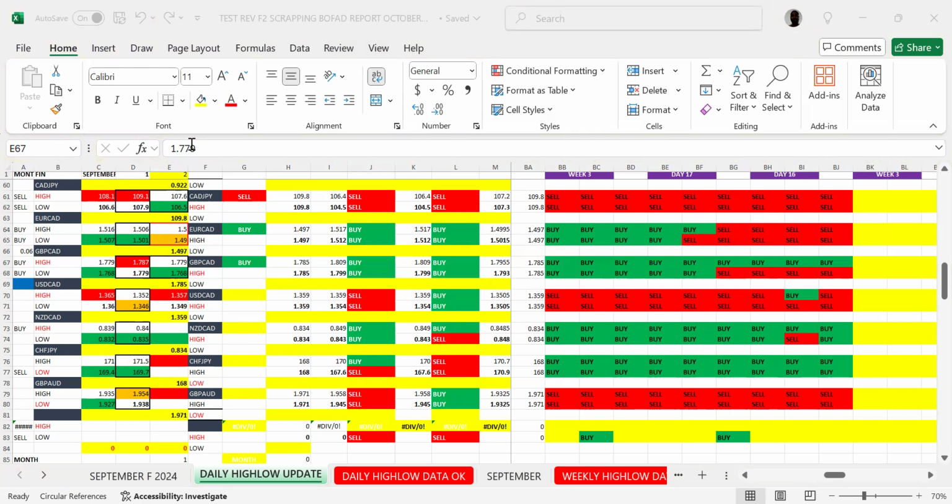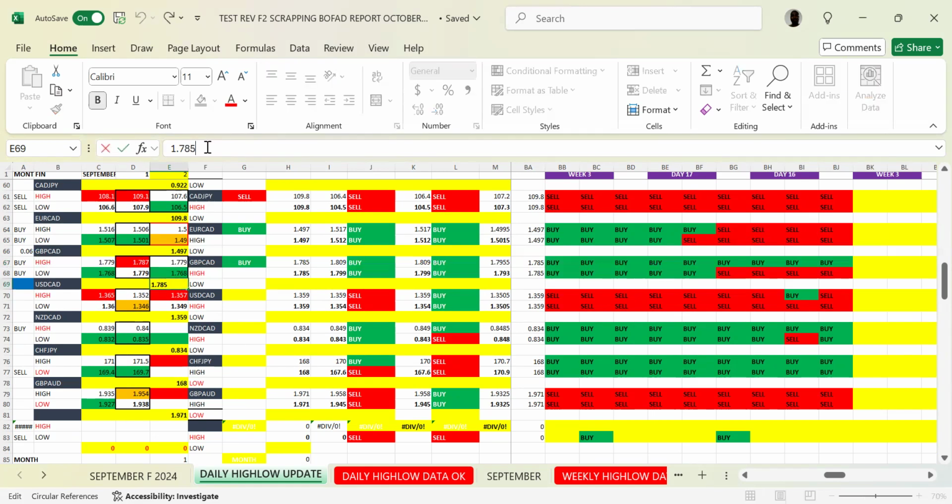So the next product is GBP card. We have 3 moves, 1.795, 1.815. At 1.795, you can see we have an initial buy and then currently a sell.